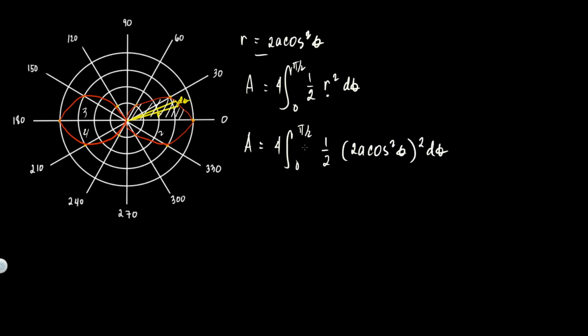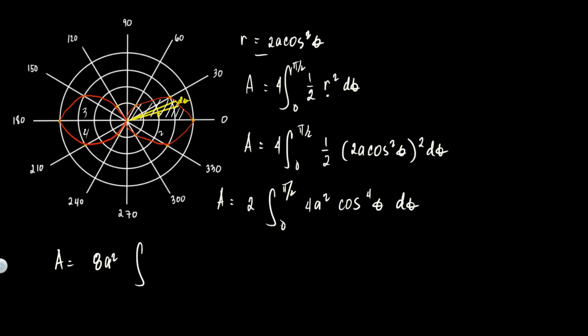So this is how much? So that's 2. Okay, area will be 2 times the integral of 0 to pi over 2, 2a squared, that's 4a squared cosine raised to 4 theta d theta. Okay? So the area is equal to 8a squared times the integral of cosine. Identity tayo, no?